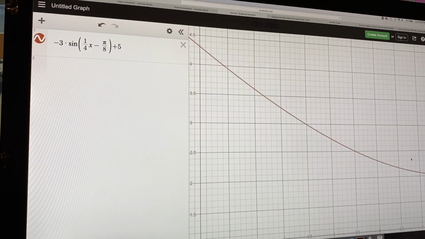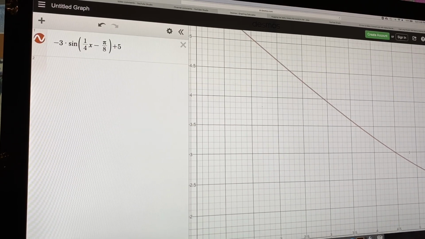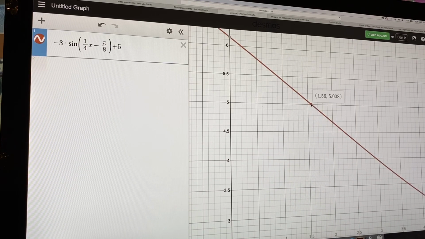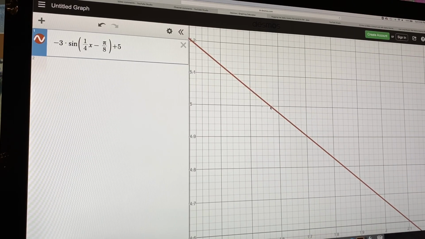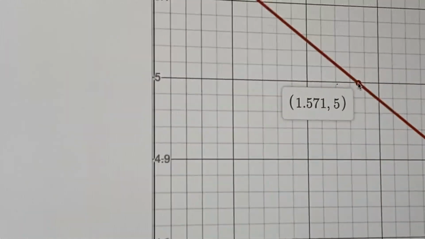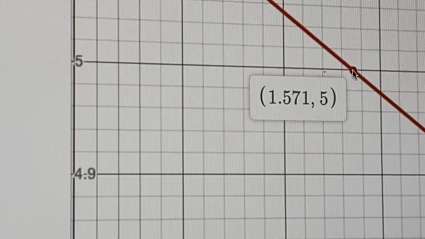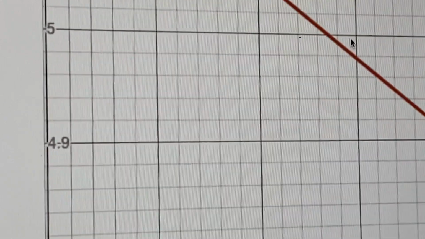Y equals 5 here. Oh my goodness. 1.571. Did you see it? I was right on point 1.